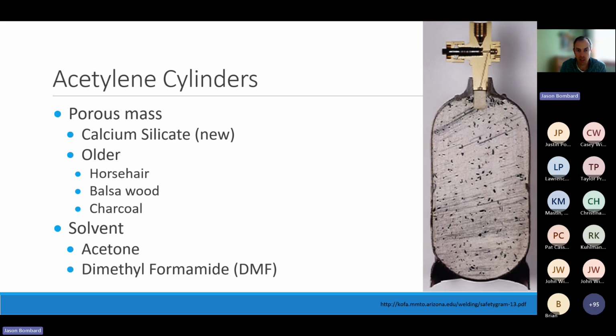From that calculation, you calculate how much acetone that cylinder is missing, and you pump acetone into it to bring the level back up to where it's supposed to be. From there, the cylinder is filled, and then weighed again to make sure that the proper amount of acetylene was put into that cylinder.